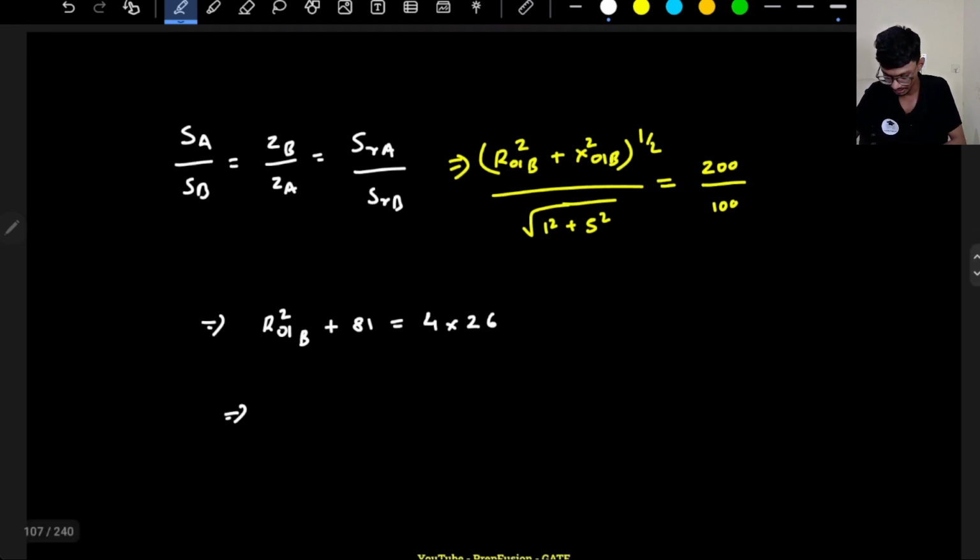So from here I can directly find the value: under root of 4 into 26 minus 81. So RO1B is 4.796 ohms.